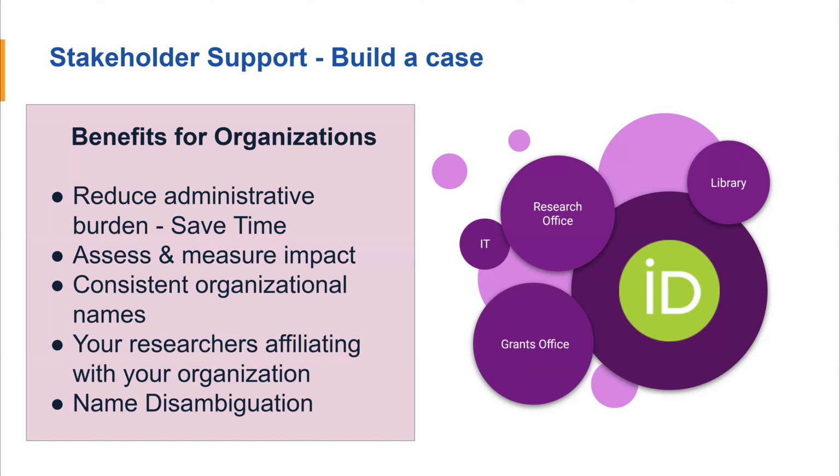It's also about your researchers affiliating with your own organization. And ultimately, it's also about disambiguating names. So if you have what Kayla mentioned earlier about researchers with pretty much the same last name and initials, that's really ORCID disambiguating. You can disambiguate each one of those using an ORCID ID.